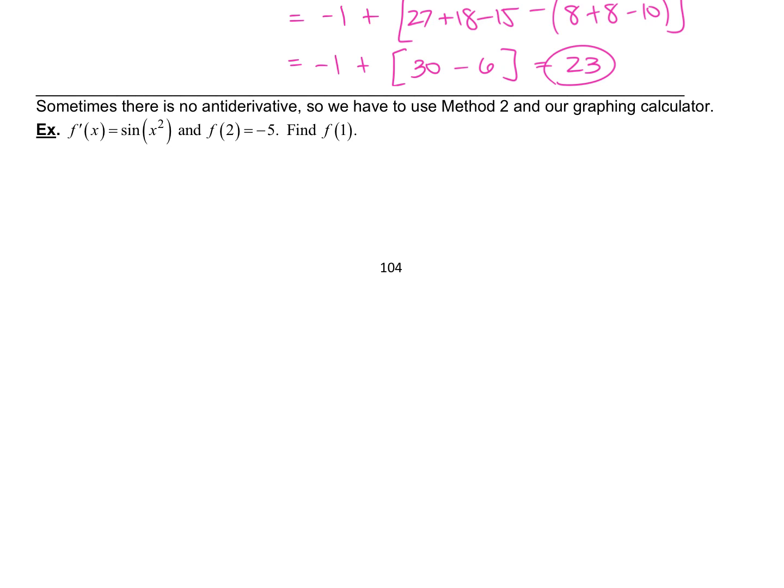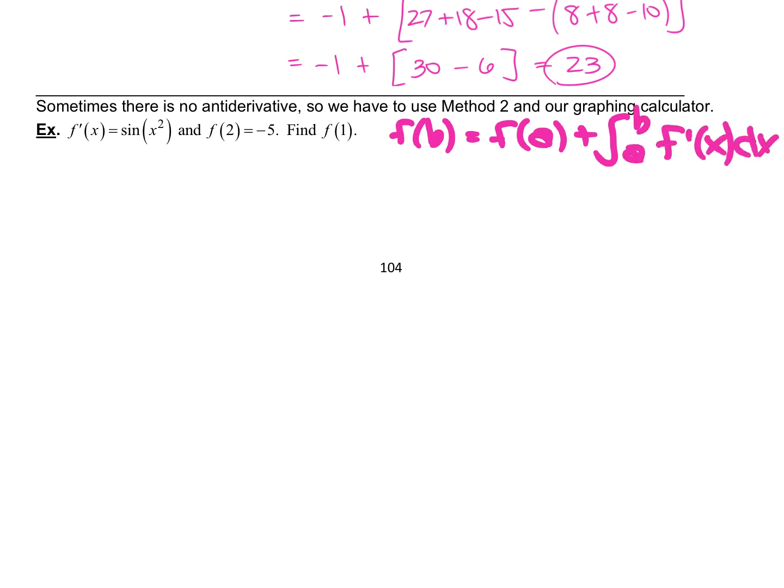So rather than that, we're going to set up this accumulation part of it, and we're going to use the formula f of b is equal to f of a plus the integral from a to b of your derivative. So now let's apply that formula, which you don't have to write down. I'm writing it down so you can see how my setup is going to look. But we're going to use that formula using our specific information we have here.